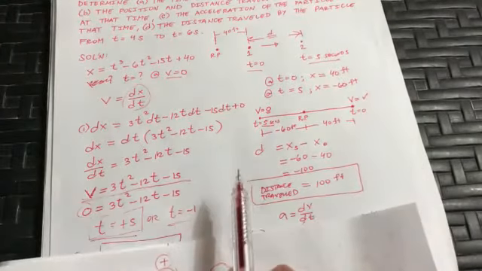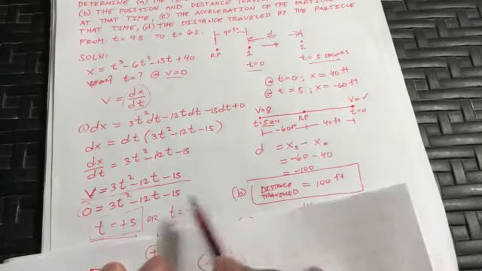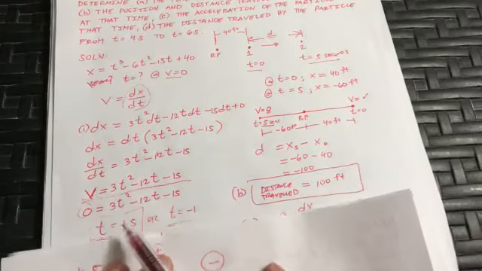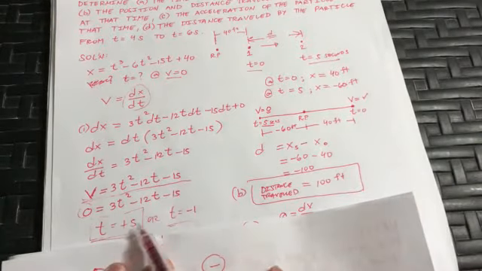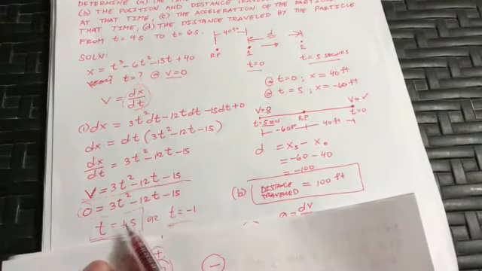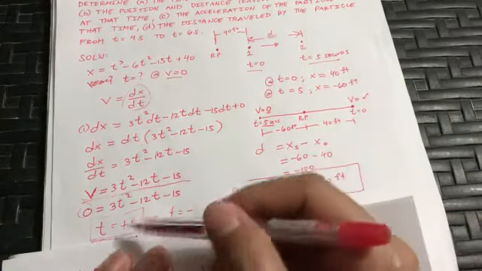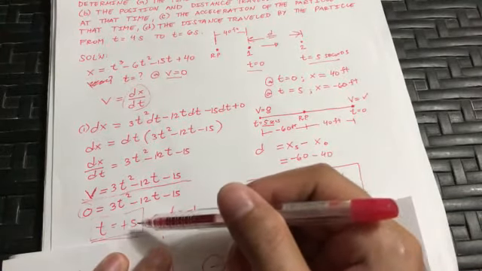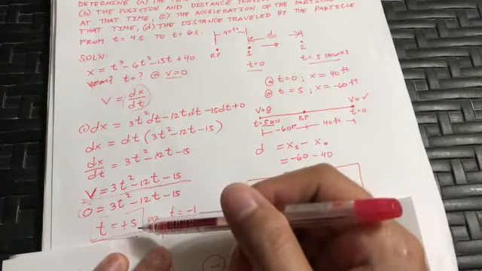Now, from our solution, the only times that the equation will have a 0 velocity are at time 5 seconds and at time negative 1 second. Since we'll only consider the time 5 seconds, therefore, from our analysis, only at time 5 seconds did the object change in direction.